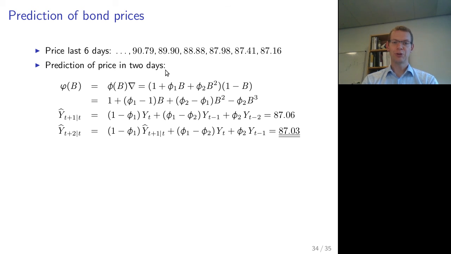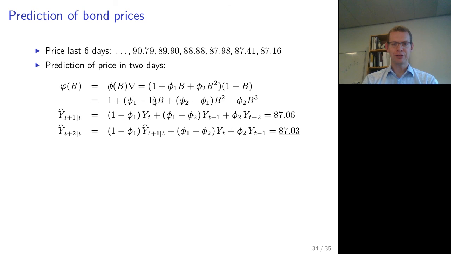First thing to do is to multiply the AR part out to get phi(B) nabla defined like this. When you multiply out, you get a third order polynomial in B. Then to get the expectation y hat t plus 1 given t, you get it directly from up here.